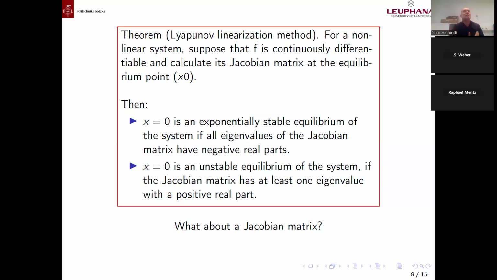For us, exponentially equals asymptotically. 1 divided by t is going to 0 for large t, but not exponentially. You understand what I intend. But exponentially, in any case, is asymptotically.